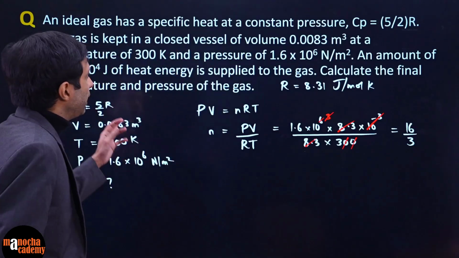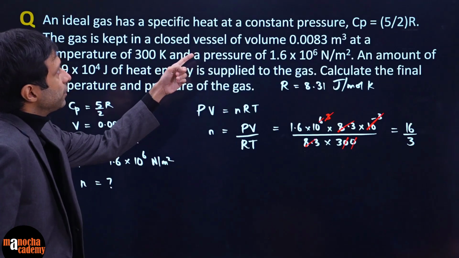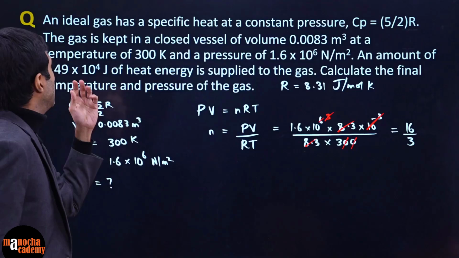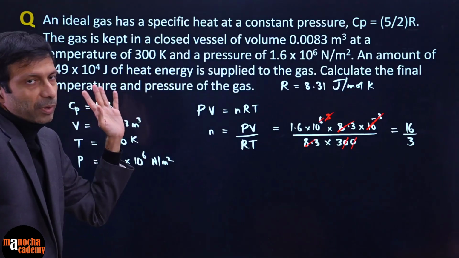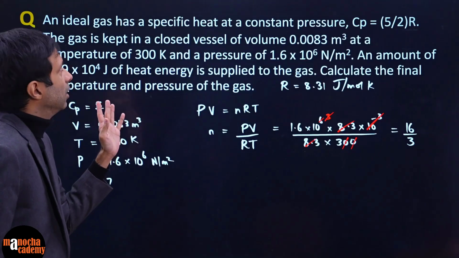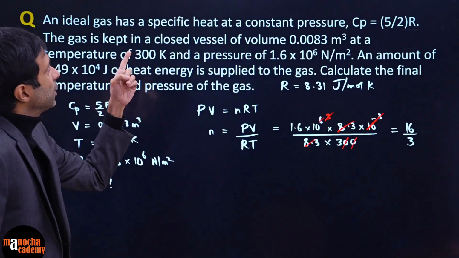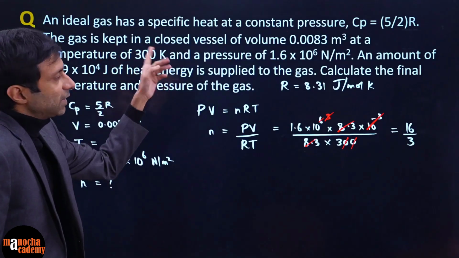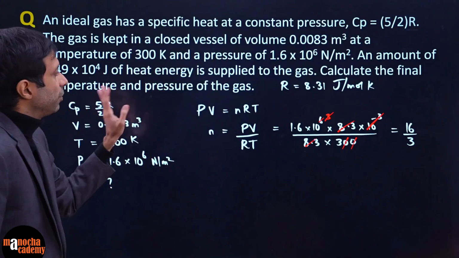Now what does the question say? So much heat is supplied, and it is kept in a closed vessel. Closed vessel means the volume is constant, right? And so much heat is supplied to the gas. Calculate the final temperature and pressure of the gas. Initially the ideal gas has a specific heat at constant pressure, those details were given to you, but now it is kept at a constant volume and we need to find the final temperature and pressure of the gas.